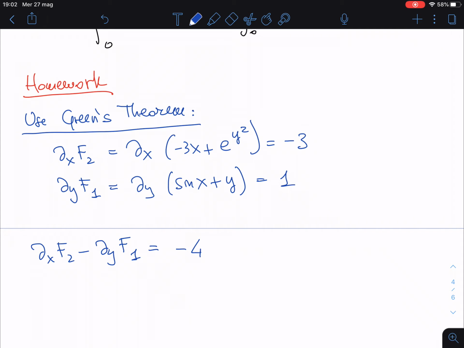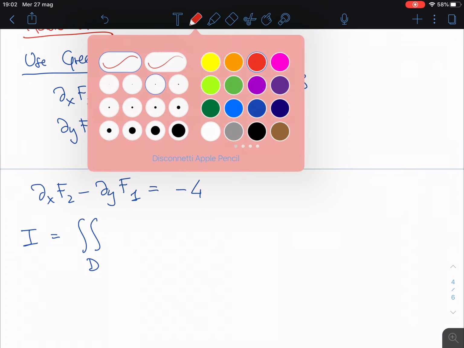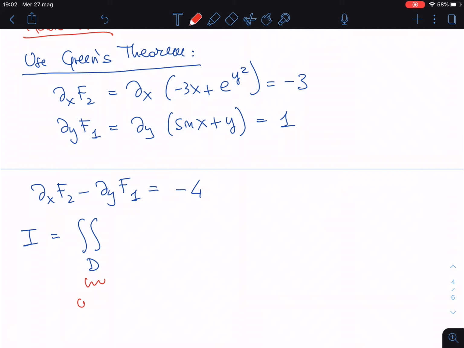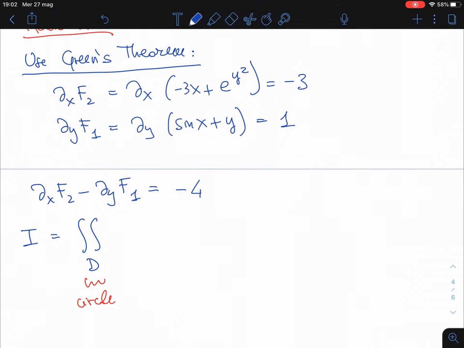And minus 4 is a constant, so the integral I is equal to the double integral on D, which is the circle, of minus 4 dx dy.